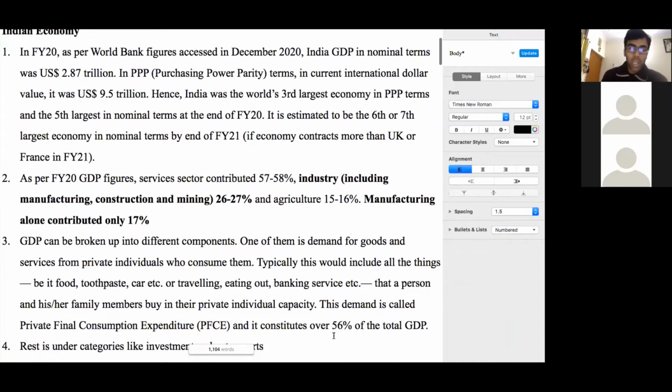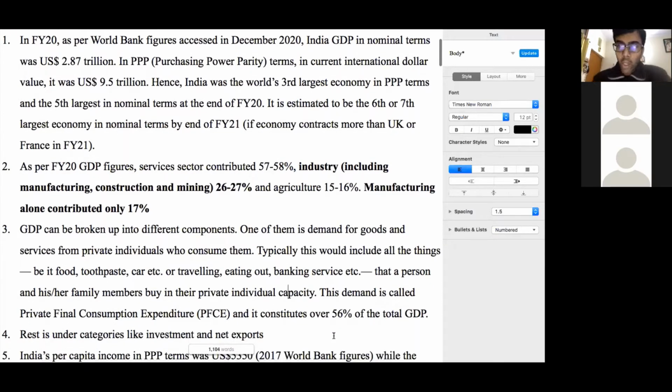I'm not going to go into any technical or number details, but the other components apart from private consumption are investment and net exports, that is, the difference of exports and imports. So investment basically means all the money that is put into creating new assets.